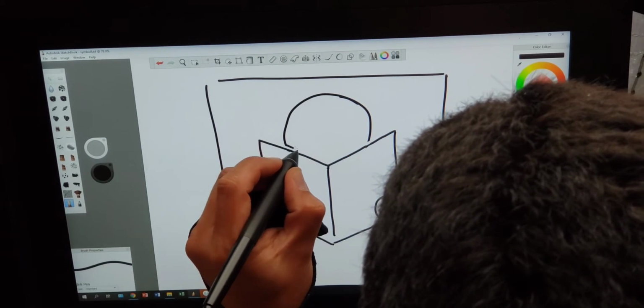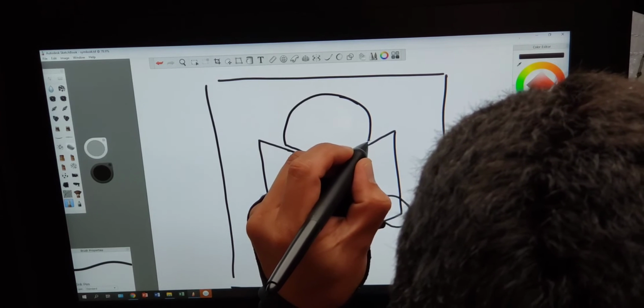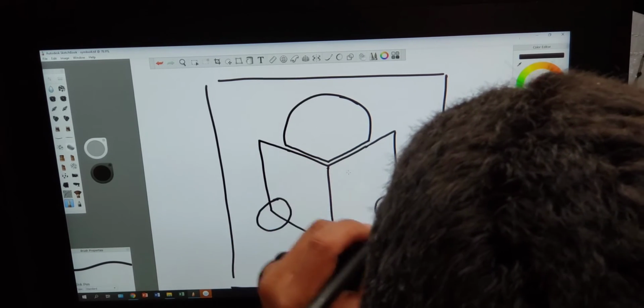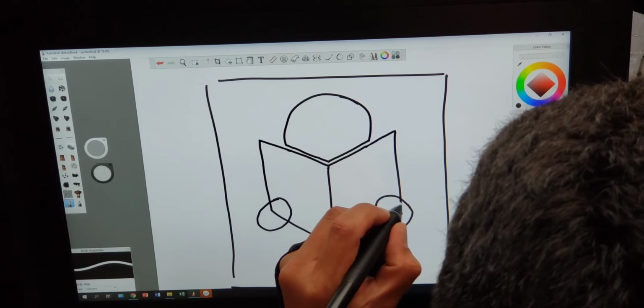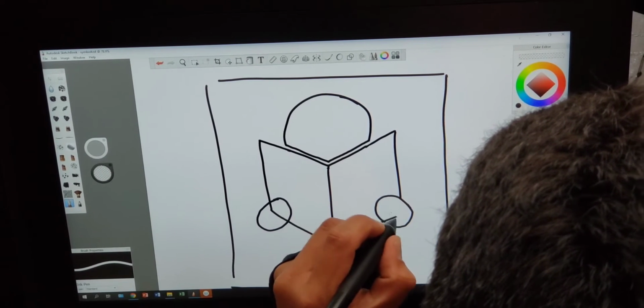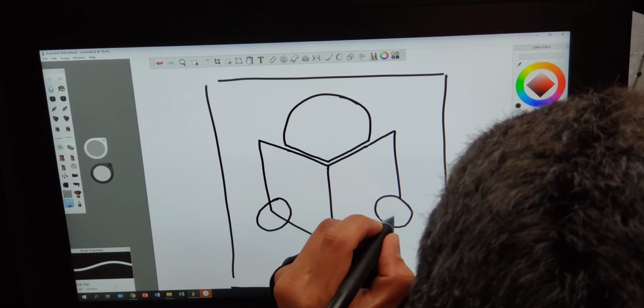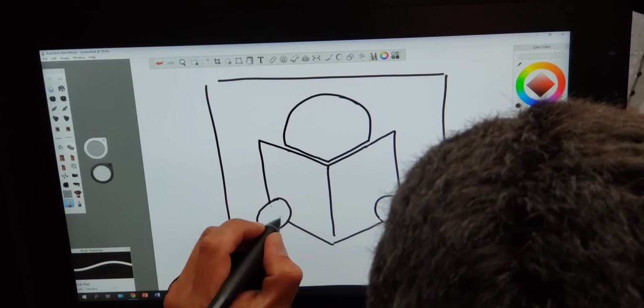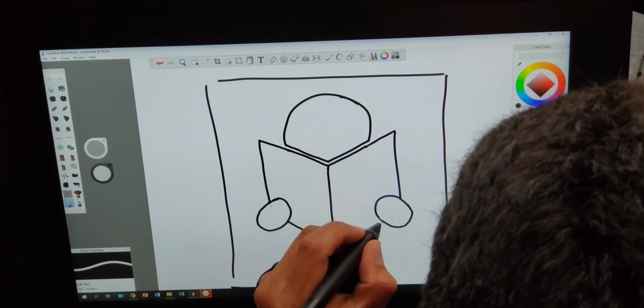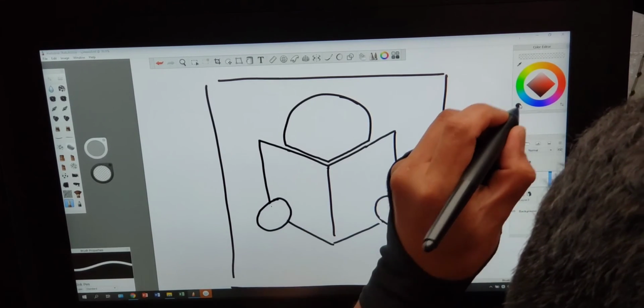This is something that we're going to do all the time, leaving a space between different parts. The same over here. I'm going to erase this part, and here and here.